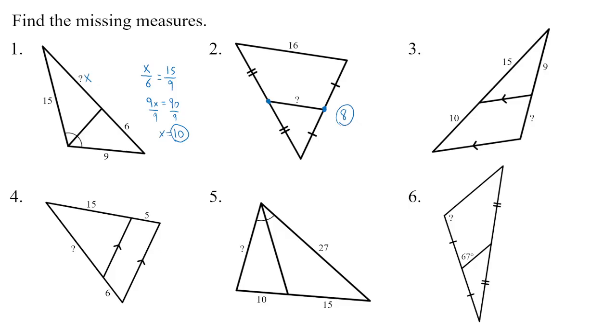All right, number 3, we have a line segment that is parallel to one of the sides of the triangle. Therefore, we apply the triangle proportionality theorem. That's 15 over 10 equals 9 over, and let's call this x.